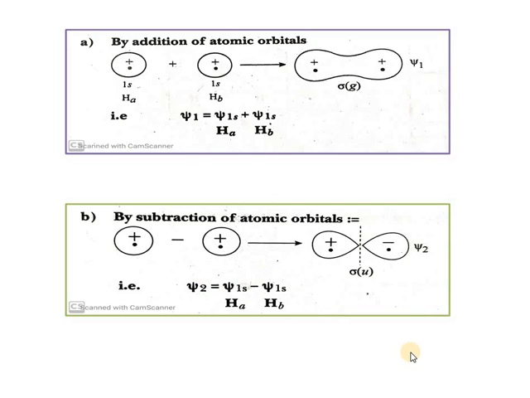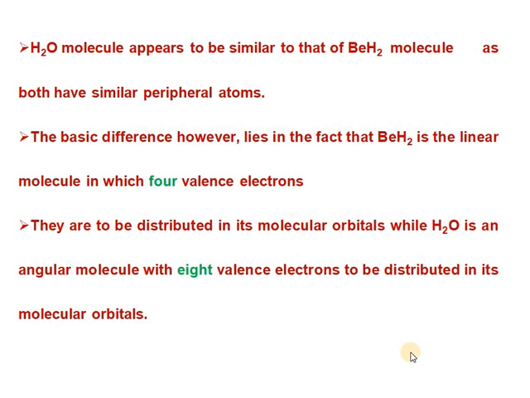From this linear combination of molecular orbitals, the water molecule appears similar to the beryllium hydride molecule. In beryllium hydride, the two hydrogens are peripheral hydrogen atoms, and in water it is also two hydrogens similar to peripheral hydrogen atoms.